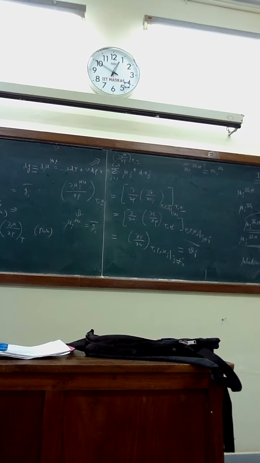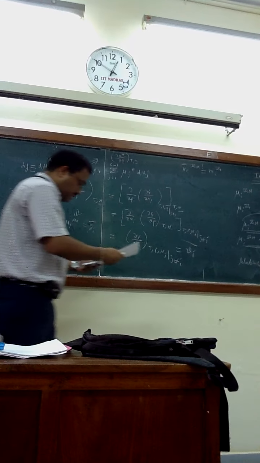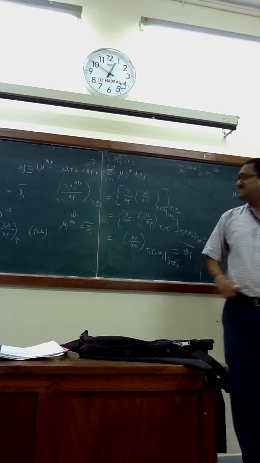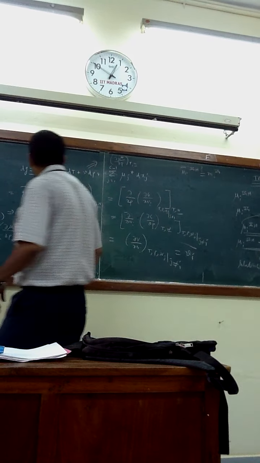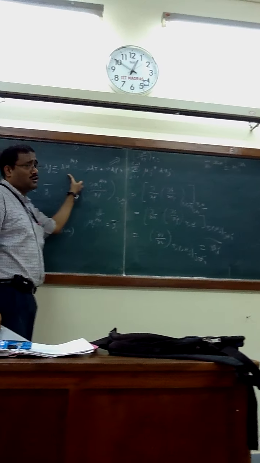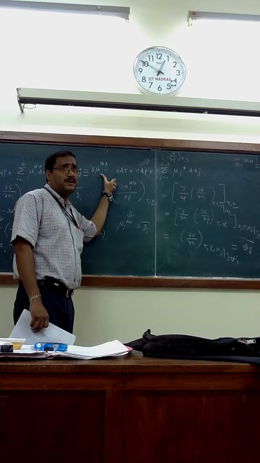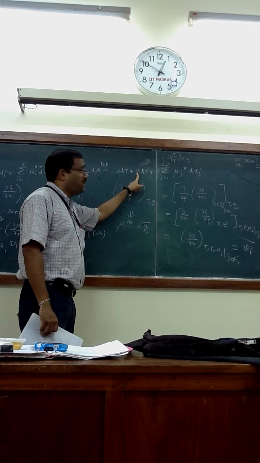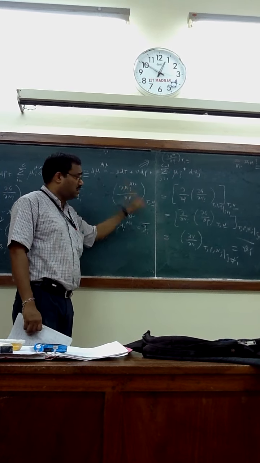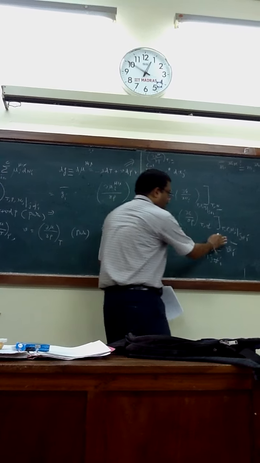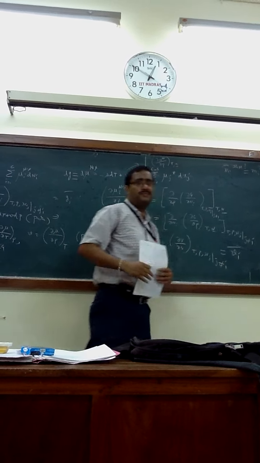Right? So we got a very interesting relationship: ∂μ_i mix/∂P. See, this ∂μ_mix is not a μ_i mixture. If I have μ_i mixture, it is V̄_i, the partial molar property.